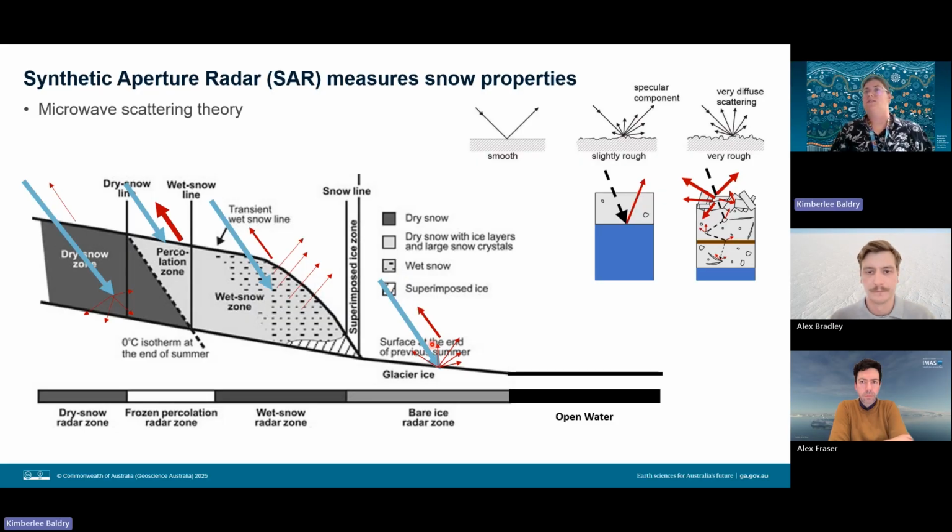Smooth surfaces are darker because more signal is bounced away from the sensor, whereas very rough surfaces are brighter because more signal gets bounced back towards the sensor. Over open water, SAR imagery appears black because almost all of the signal is reflected away from the sensor. So that's just a bit of SAR 101 to give you a taste of the depth of information that comes from this imagery.